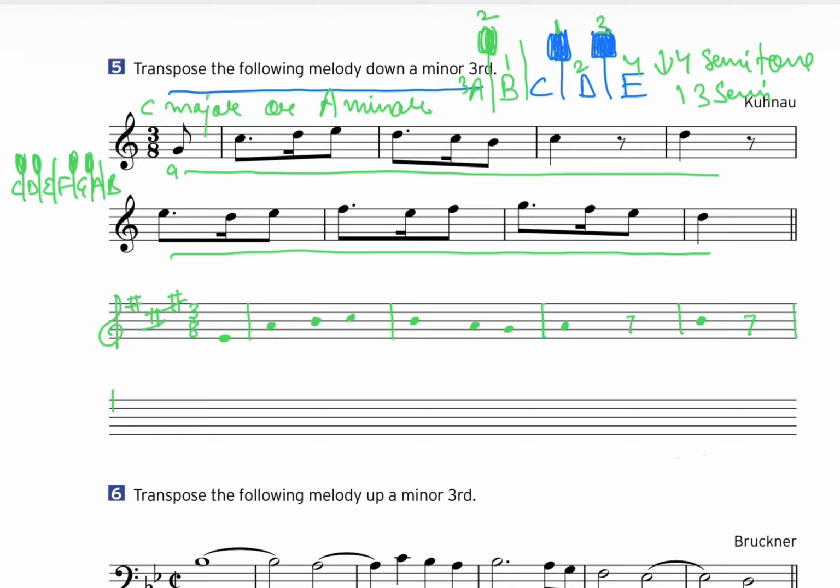We move again to the next one. Go to C, to B, to C, go down, close, and we finish here. Now let's make the stem.